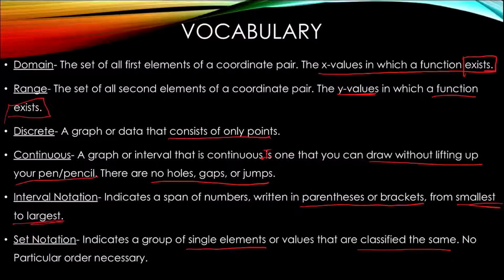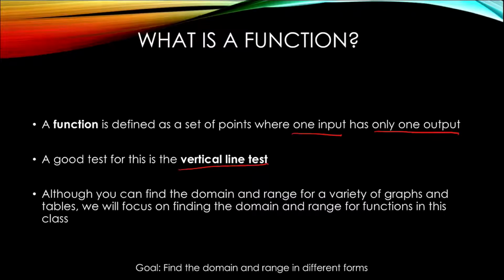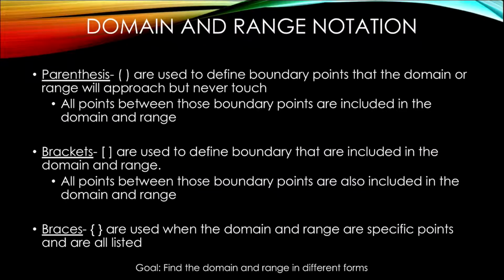If that makes sense. Although you can find the domain and range for a variety of graphs and tables, we'll focus on finding domain and range for functions in this class. We're going to talk a lot about functions this year, not so much about expressions or non-function things.